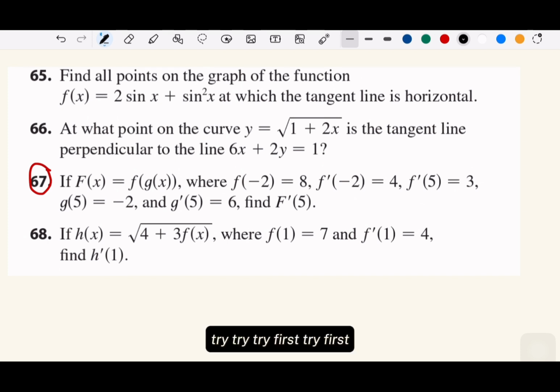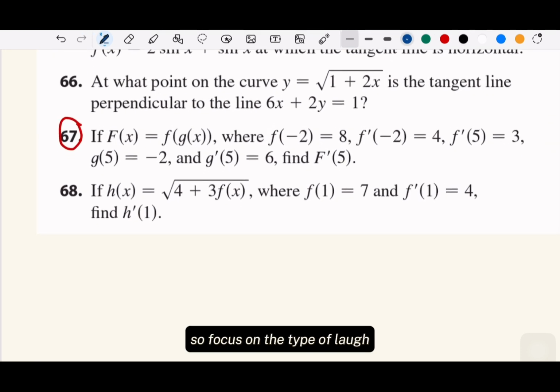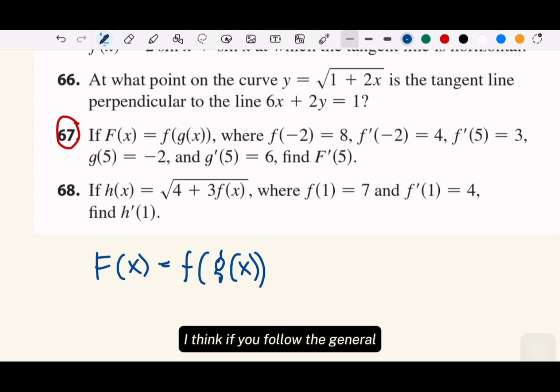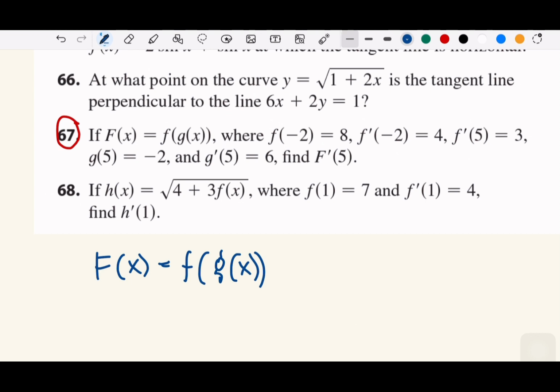Okay, try first. So focus on the capital F. If you follow the chain rule, follow the compositions, eventually you will get the answer.